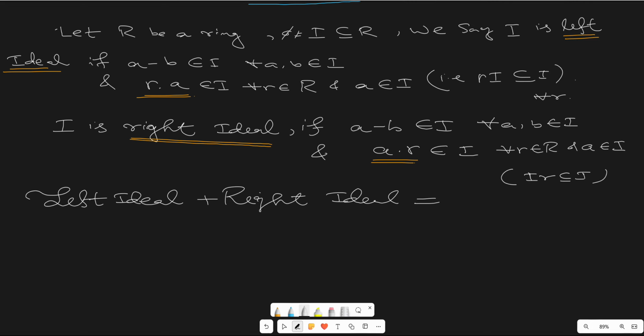That means we say I is an ideal if it is a left ideal as well as a right ideal. So if I say I is an ideal, you have to assume it is both. That's it.